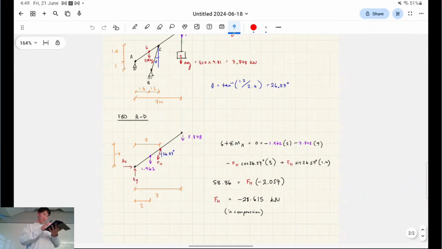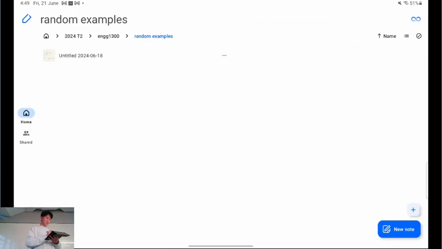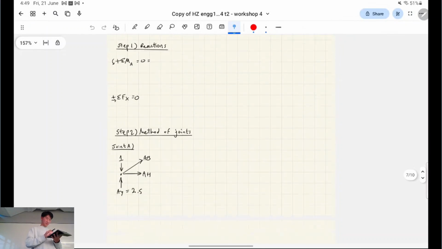We don't even need to work out what the pin support reactions are, because when we take the sum of the moments about here, the lever arms will be 0, so you just have one unknown. It's a really specific question that's not going to come up in a midterm, but I can drop it in the drive anyway if you like. Okay, let's continue with our actual workshop on trusses.